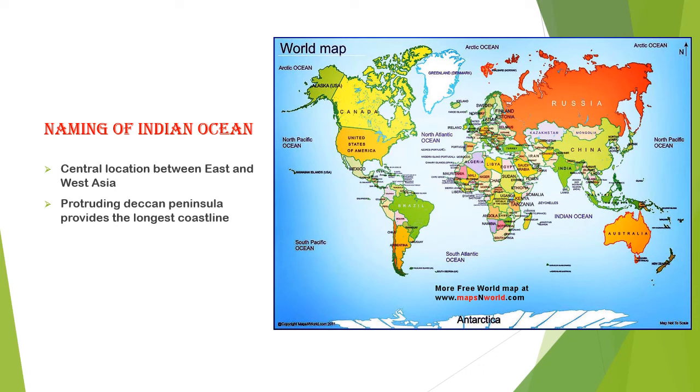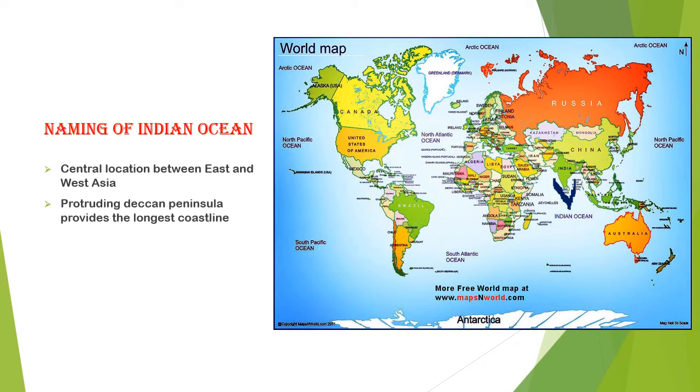See children, what is Deccan Peninsula? Peninsula, we already know that a land body which is covered by sea on three sides is called a peninsula. Because the southern part of India, that is the Deccan part of India, is acting as a peninsula, the southern part of India, which is protruding, that means extending itself into Indian Ocean, is called the Deccan Peninsula.